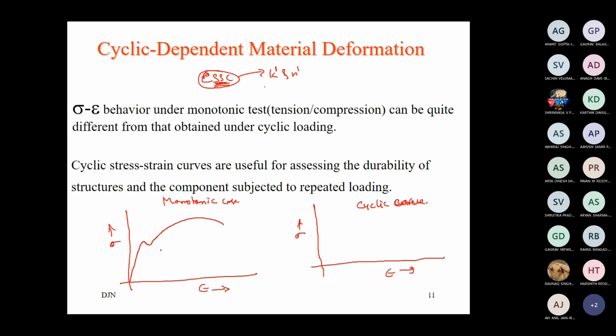And the equation for this particular curve, the total strain, we can write in this fashion: sigma by E plus sigma by K to the power 1 by n. This is the Ramberg-Osgood equation. For the cyclic stress strain curve, here also we will follow the same path.